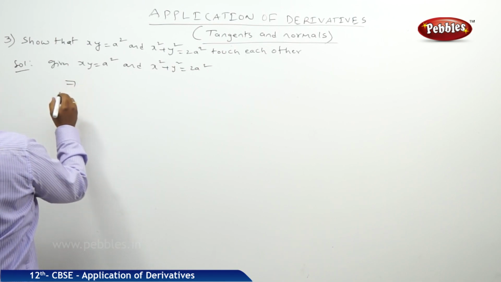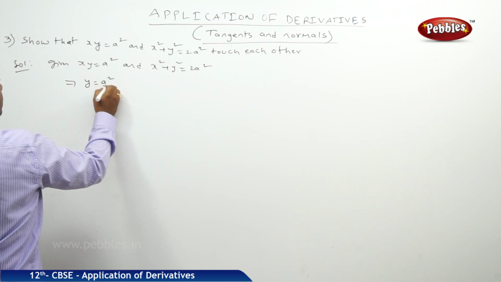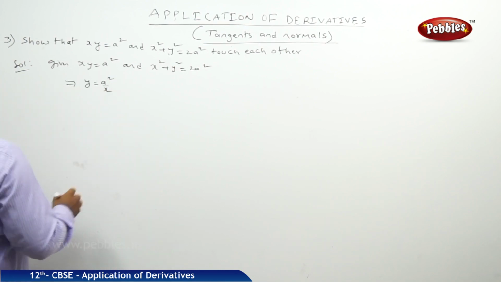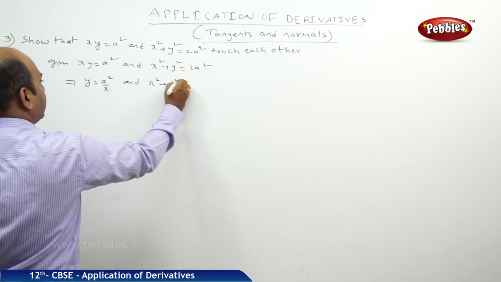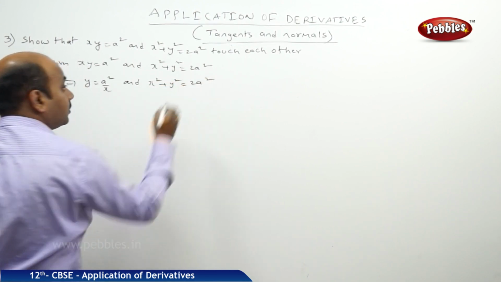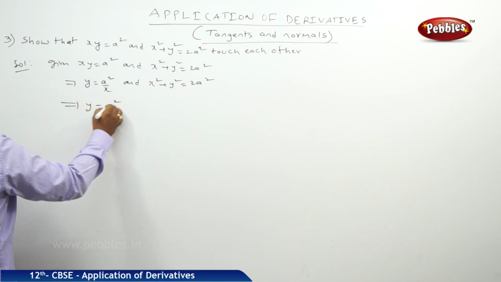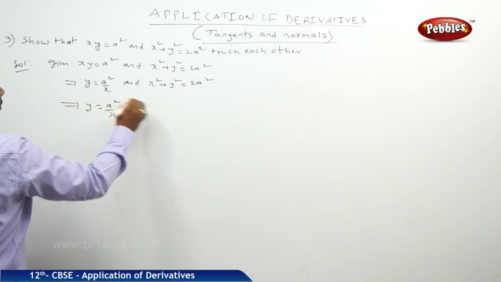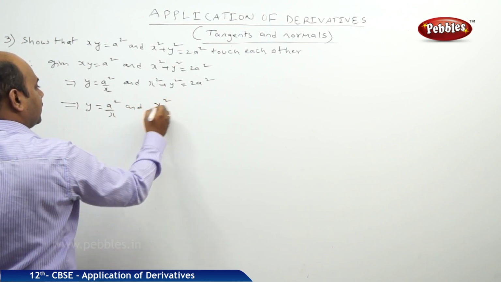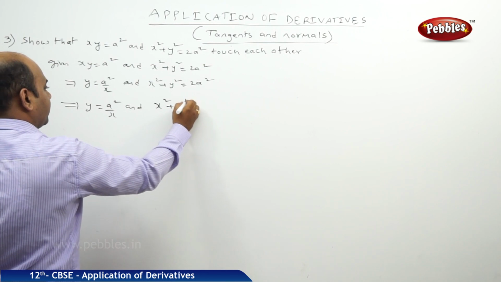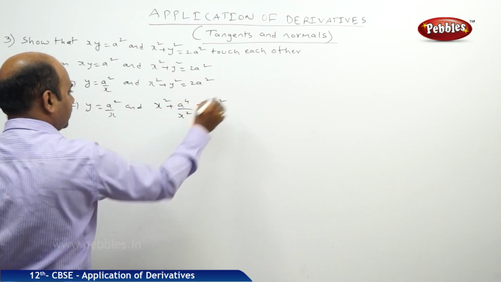So from this I can put y is equal to a square by x in x square plus y square is equal to 2a square. So what happens? Y is equal to a square by x, and here I try to put this, so x square plus a power 4 by x square is equal to 2a square.